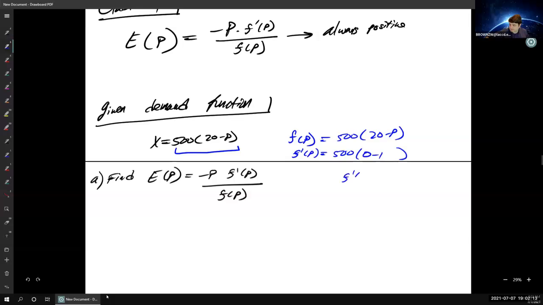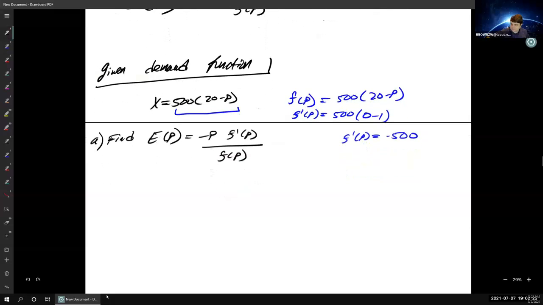So F prime of P is just negative 500. So if we plug in here, we're going to have negative P, F prime of P was negative 500, over F of P, which is 500 times 20 minus P.